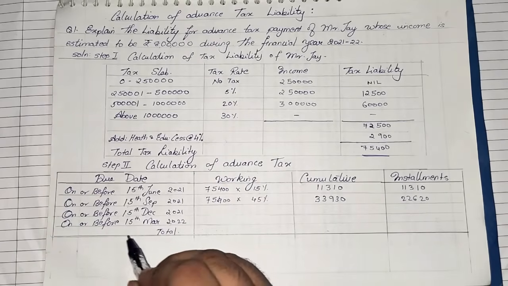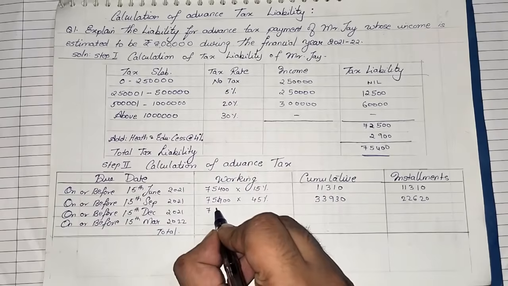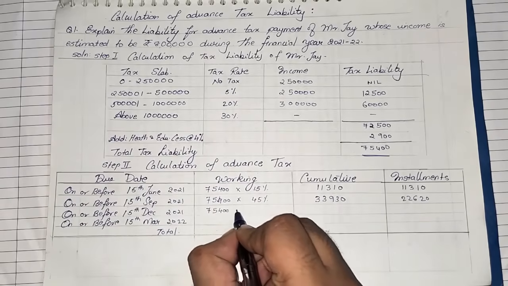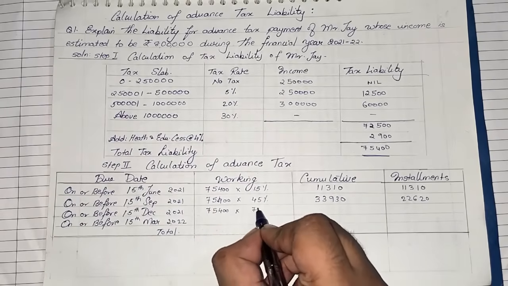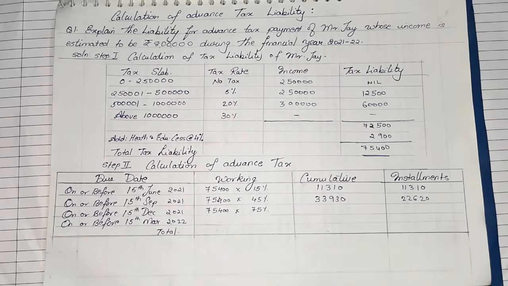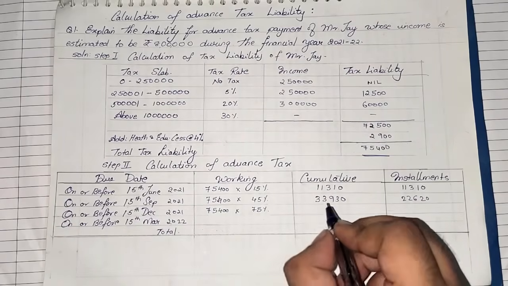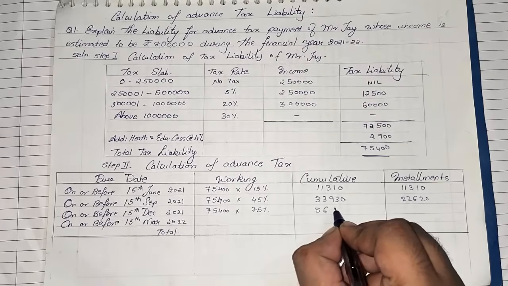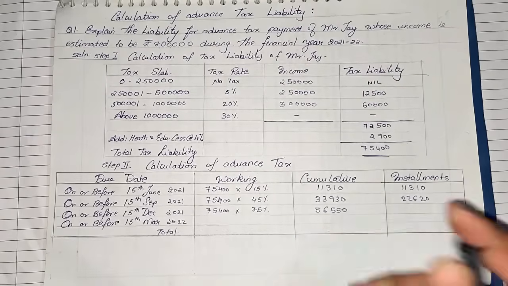Now third, if it is paid on or before 15 December, it will be your tax liability into 75%. So again 75,400 into 75% will come to 56,550.